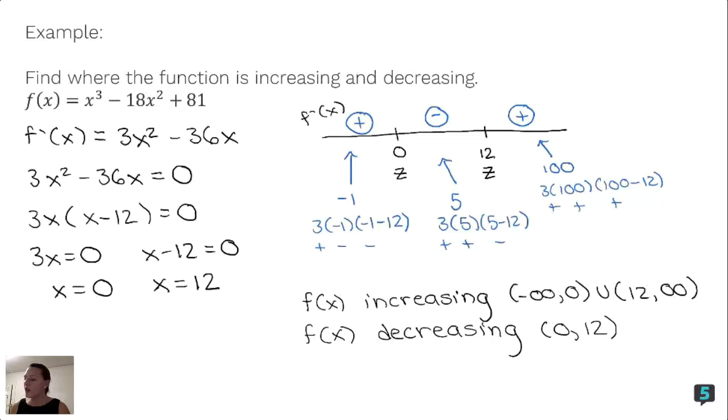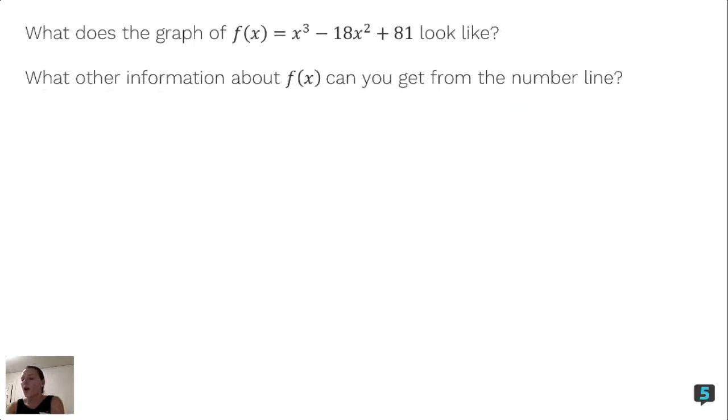So thinking about that same function, what does the graph of f of x equals x cubed minus 18x squared plus 81 look like? This might be hard to answer in the chat feature, but can anybody describe what that graph looks like?